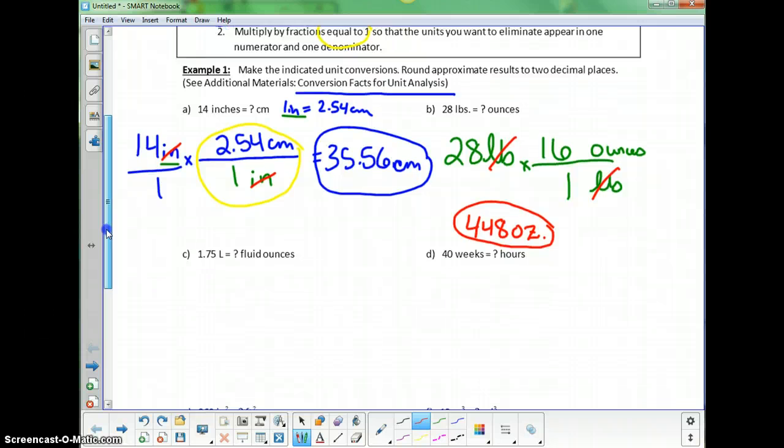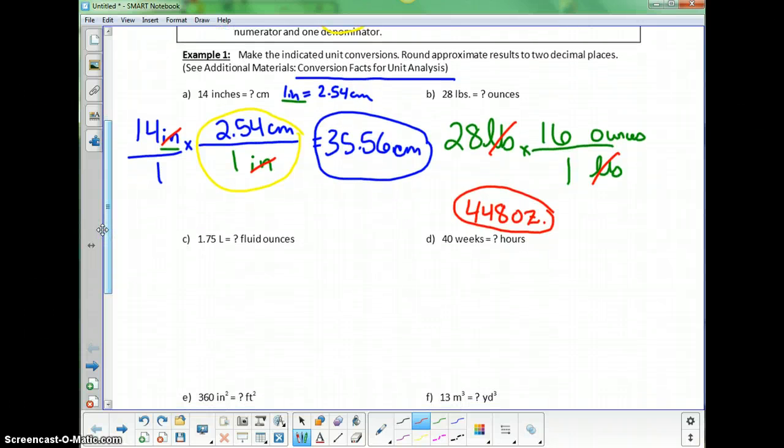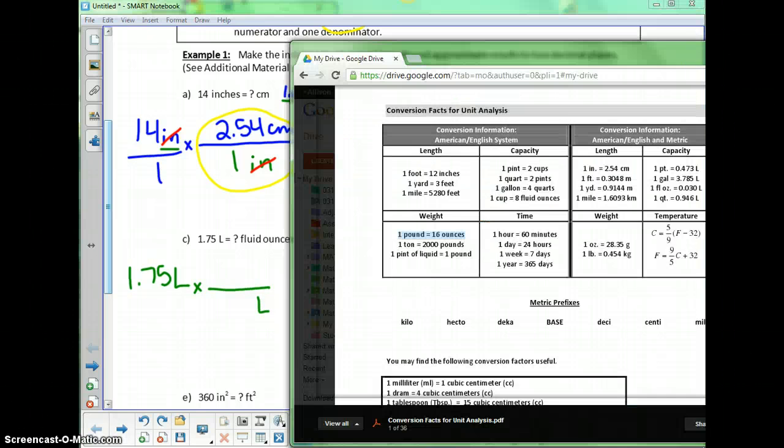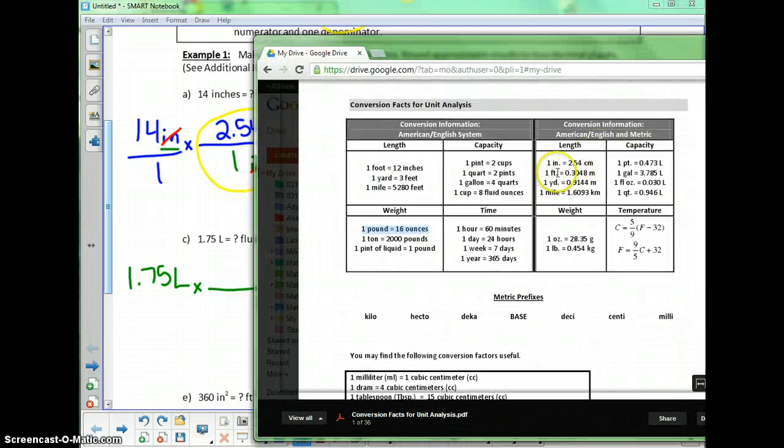Okay, let's look at the next one. 1.75 liters is how many fluid ounces? So I'm going to start with 1.75 liters. Multiply by a fraction. Now this fraction must have liters in the bottom to get liters to cancel. Alright, liters are metric, so I'm going to look for a way to turn liters into ounces.